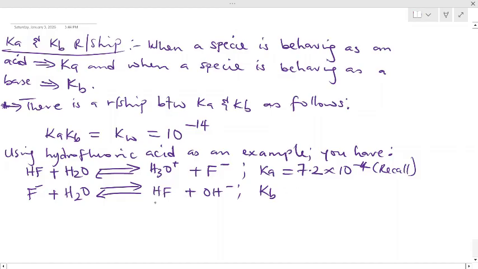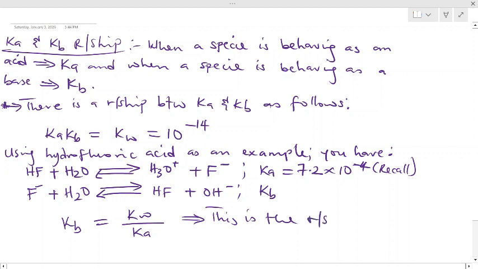Now, to get Kb from this relationship, you simply say Kb is equal to Kw divided by Ka. This is the relationship.